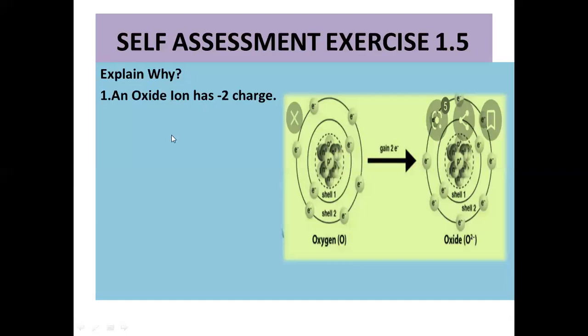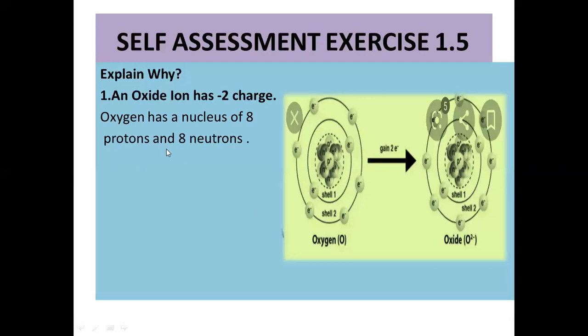So why does an oxide ion have -2 charge? You can see -2 charge this oxide ion has. Oxygen has a nucleus of 8 protons, because the atomic number of oxygen is 8. So it has 8 protons in the nucleus, and mass number is 16.